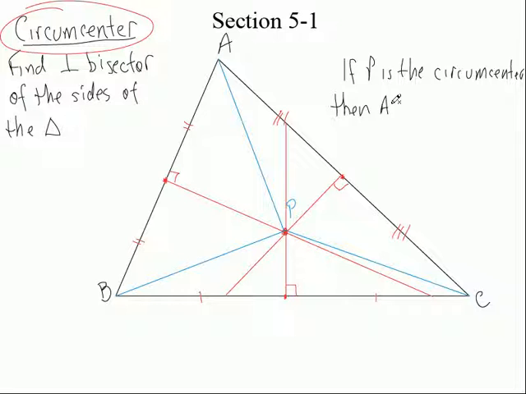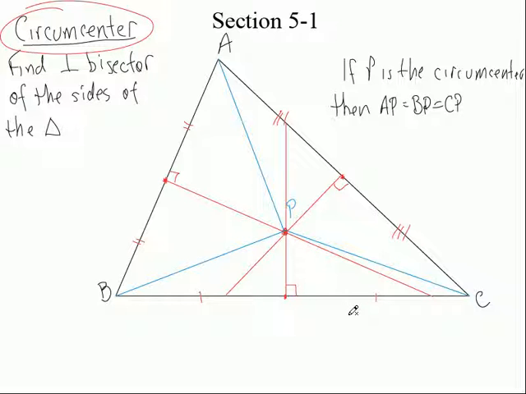AP must equal BP, which must also equal CP. Do you see it? All right, if that's the circumcenter, again, how do we find the circumcenter? We find the circumcenter by finding the perpendicular bisectors of all three sides of the triangle. Does that make sense to you?